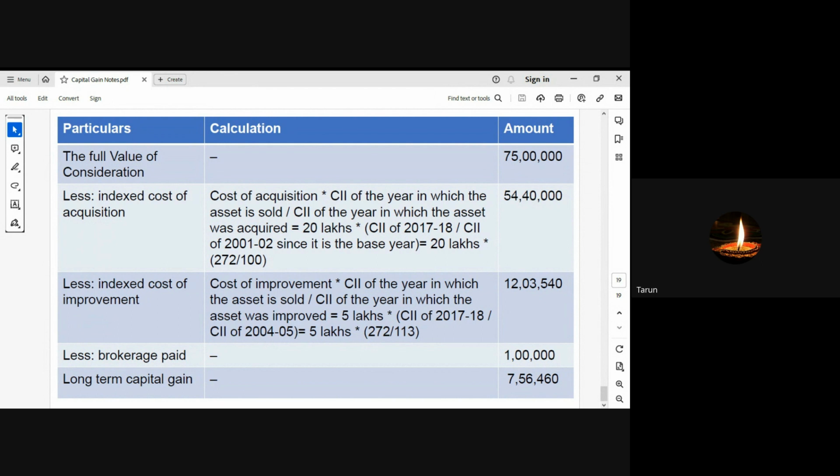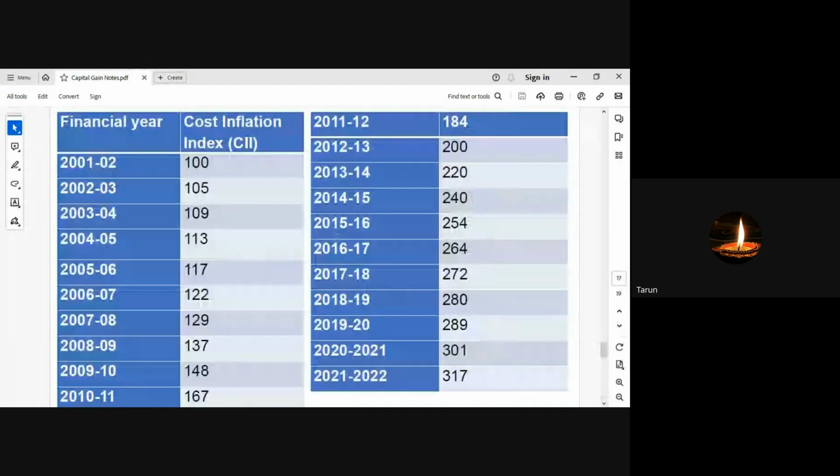So 20 lakh is the cost of acquisition, into the CII of the year in which the asset is sold. That is 2018. So what is the CII of 2018? This is 2017-18.